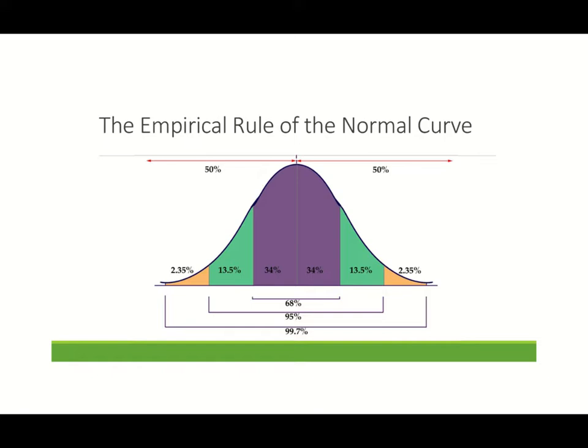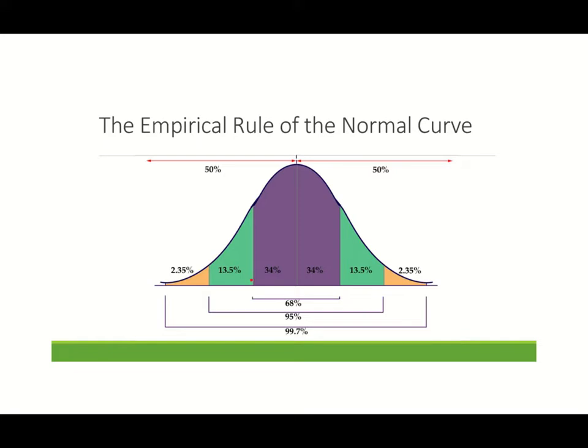Now each of those halves are then broken down. Where we have these different colors, those are our different standard deviations. Right dead center we have our mean, and then one to the right is one standard deviation, this would be 2, and then 3 standard deviations.